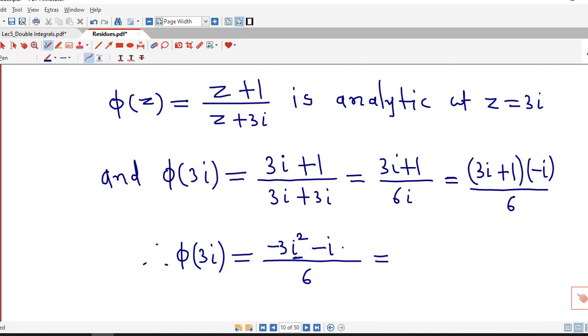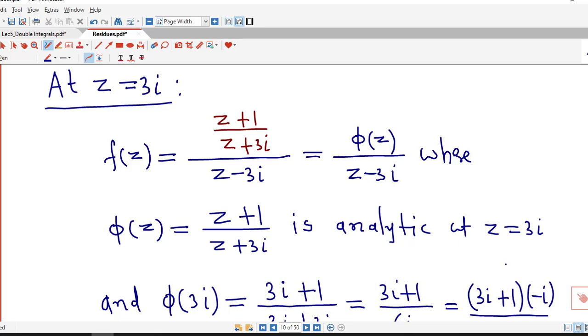Now if we put i square equal to minus 1, we have 3 minus i divided by 6, and this is clearly non-zero.